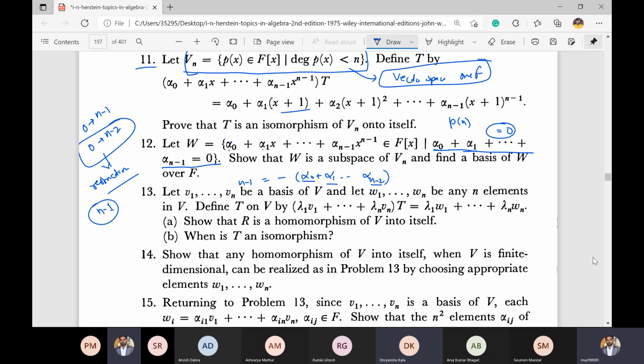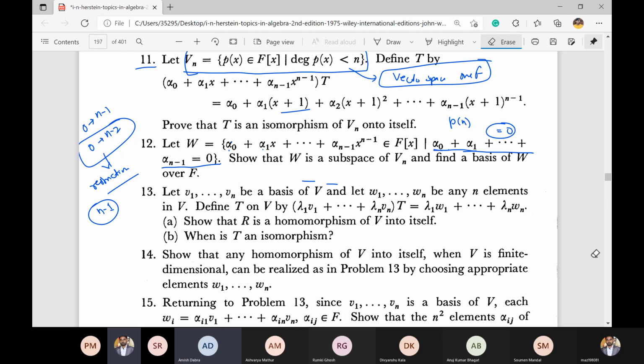Okay, so we are looking at it as a subspace of Fn. So for a basis, what can we choose? Replace alpha naught by minus alpha 1 minus alpha 2 up to minus alpha n minus 1. Then take alpha 1 common. It will be alpha 1 (x minus 1) plus alpha 2 (x square minus 1) up to alpha n minus 1 (x power n minus 1 minus 1).